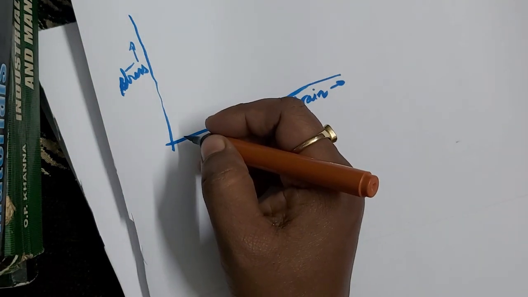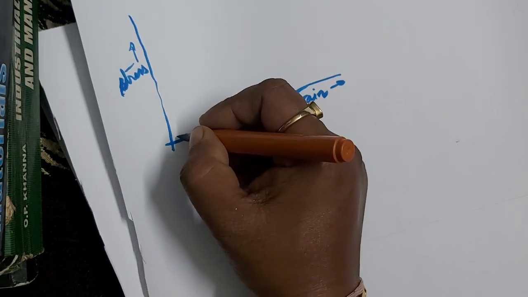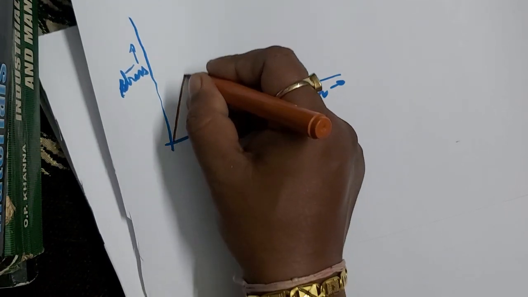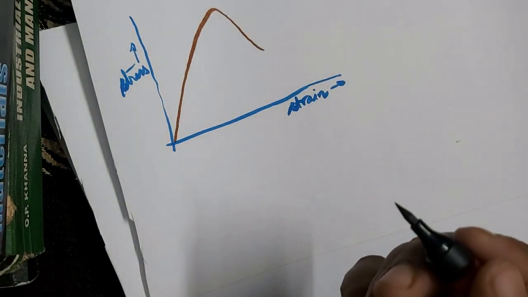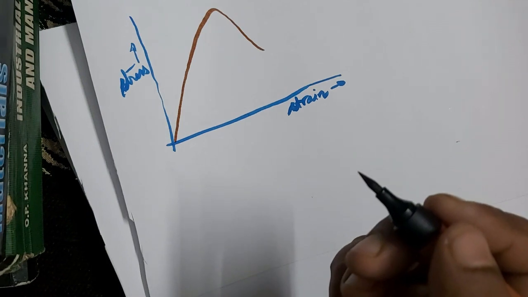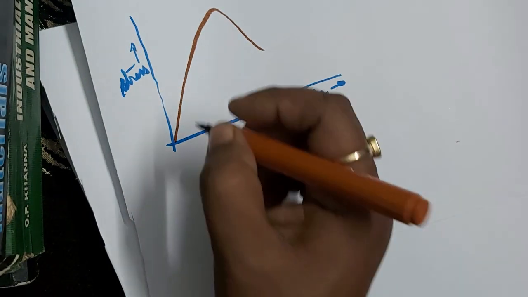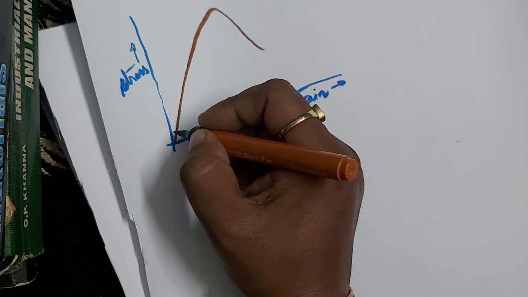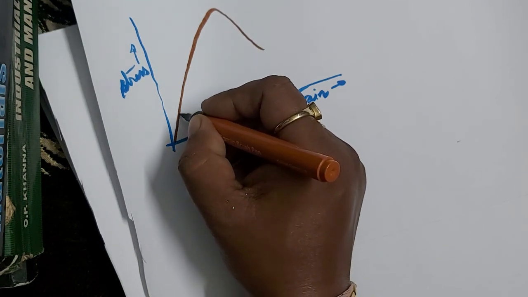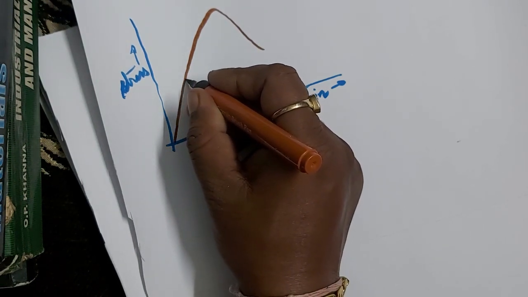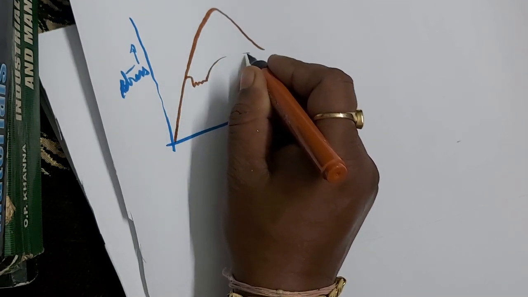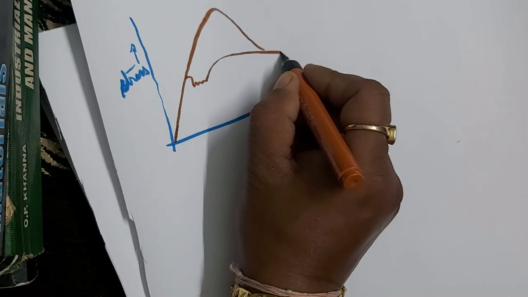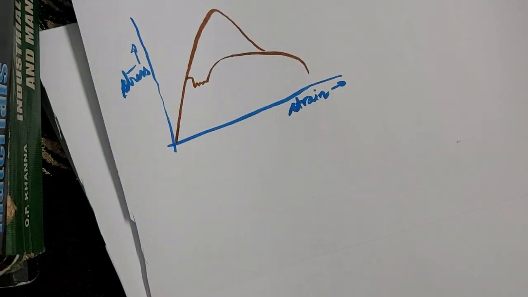So first of all, I will draw the stress strain curve for the normal one. So this is for the normal one, and for the annealed steel, first of all this will come like this, then this.